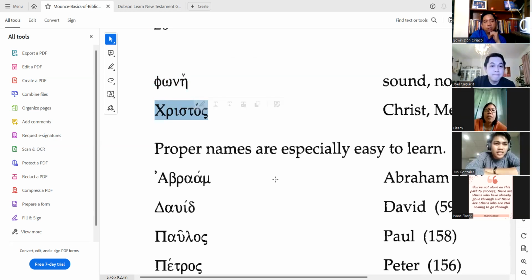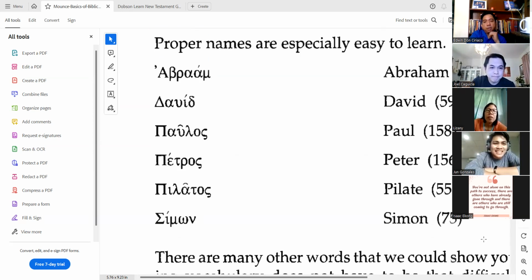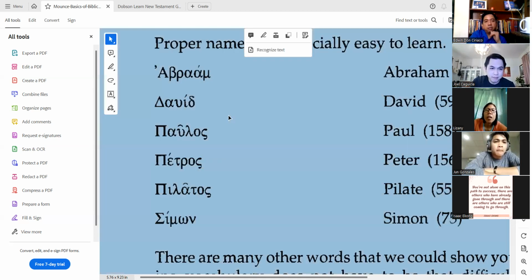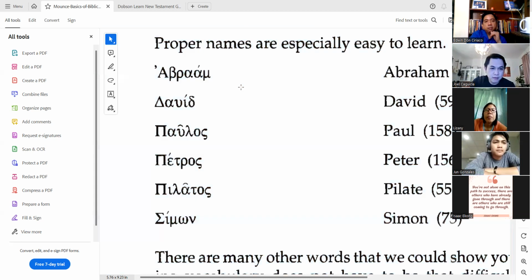Christos. Christos, good. And proper names are again easy. Notice that here you're just reading the English. So you have Abraham, you have David.